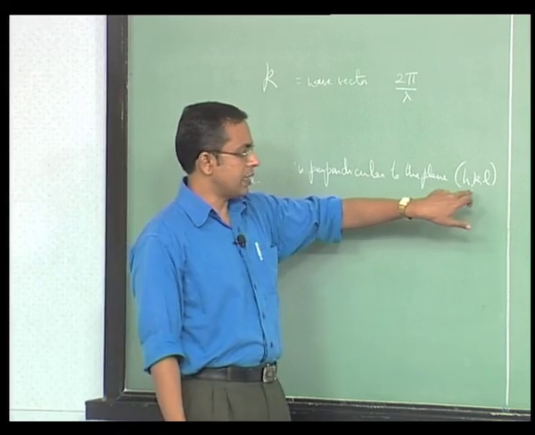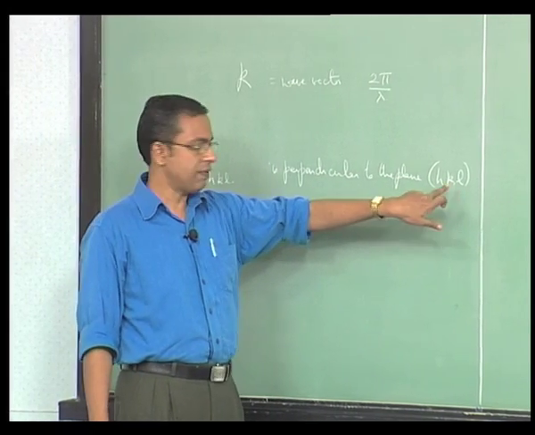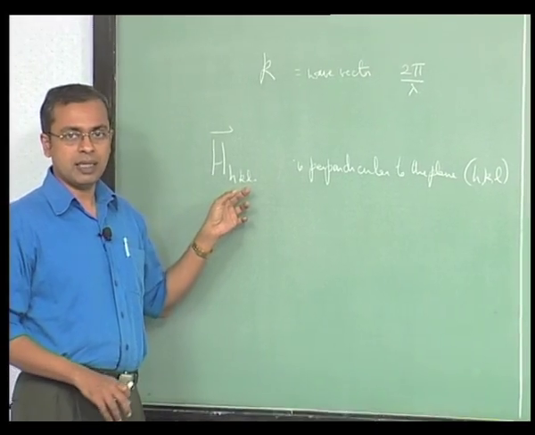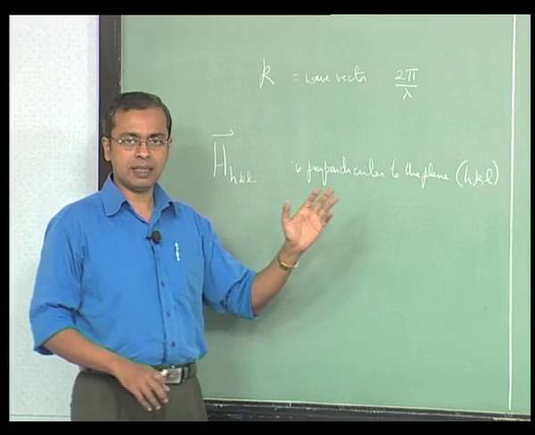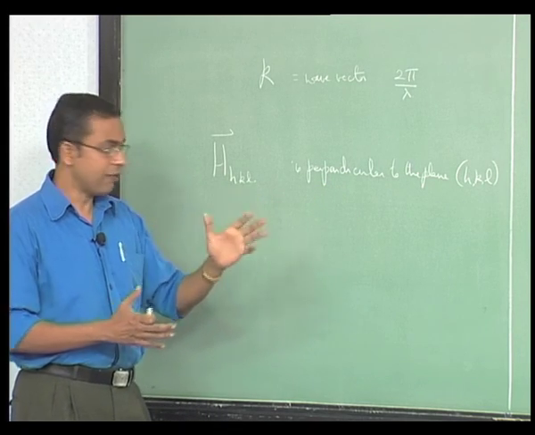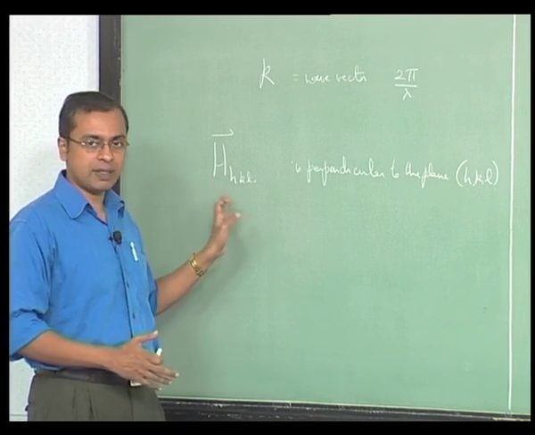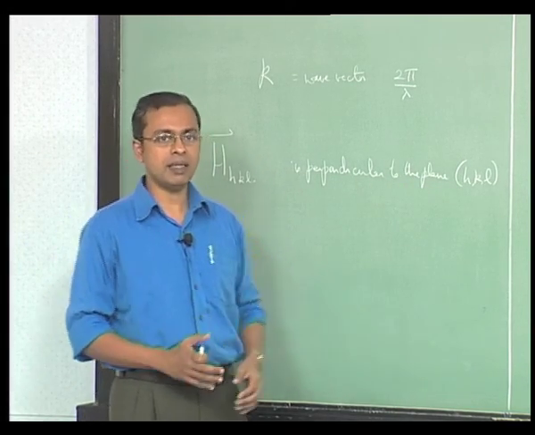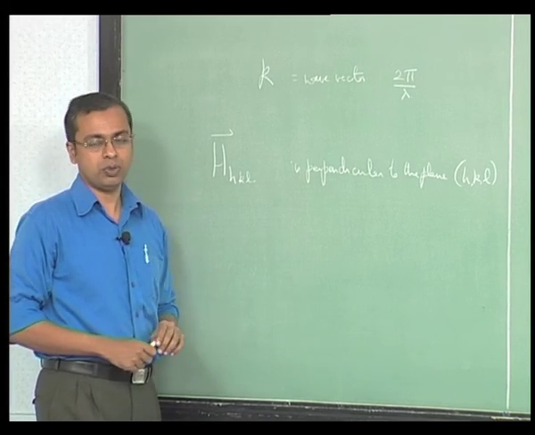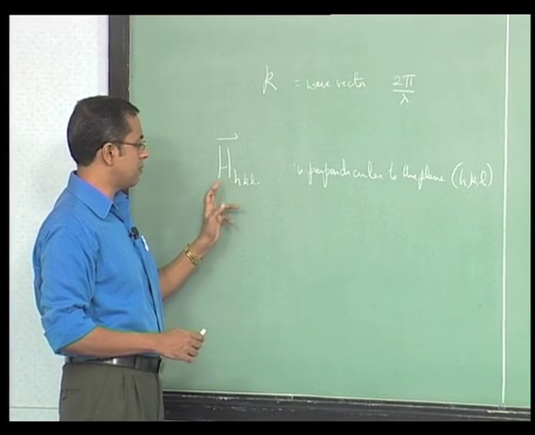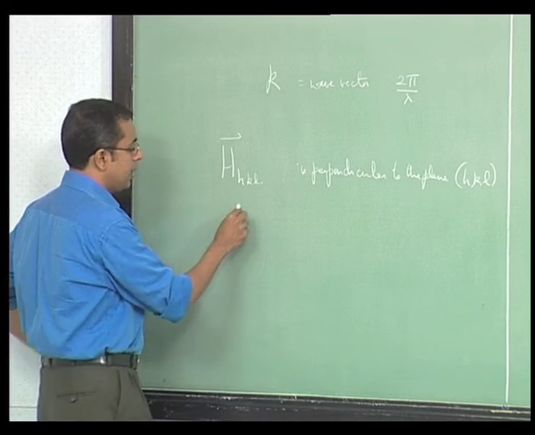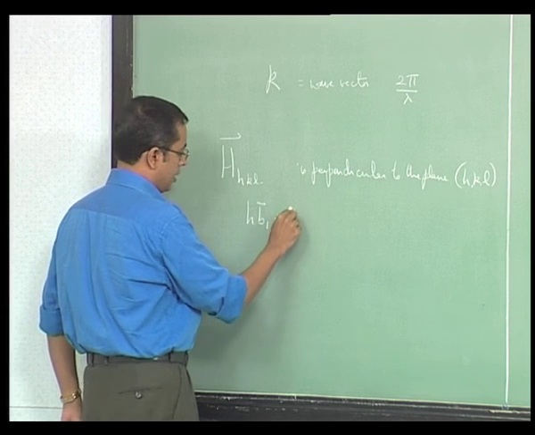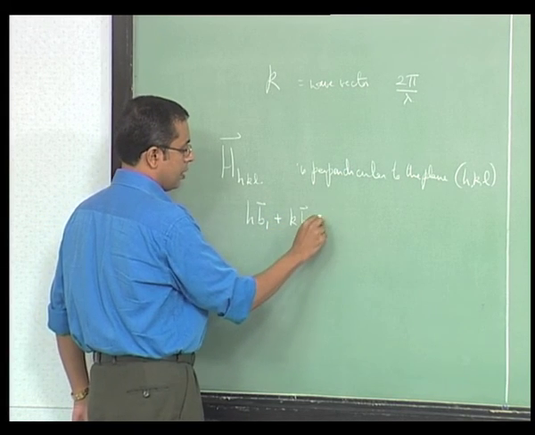So this is of course something in real space, an HKL plane, the way we describe it and the way we visualize it, and this is a vector in reciprocal space. And since the reciprocal lattice vectors have been defined with respect to the real lattice vectors in a specific manner, that is why we end up finding that this relationship holds true: the reciprocal lattice vector H_hkl is H b1 plus K b2 plus L b3.